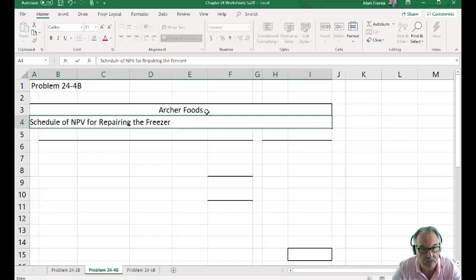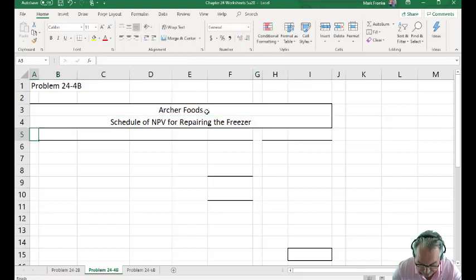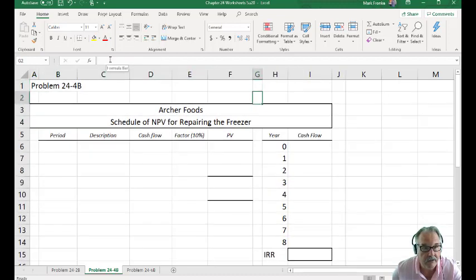This is a situation where we can either repair the freezer or we can buy a new one. So we'll do repairing the freezer first, and then we'll just copy it and change the information for if we buy the freezer. How to do that using Excel. It's very, very simple.